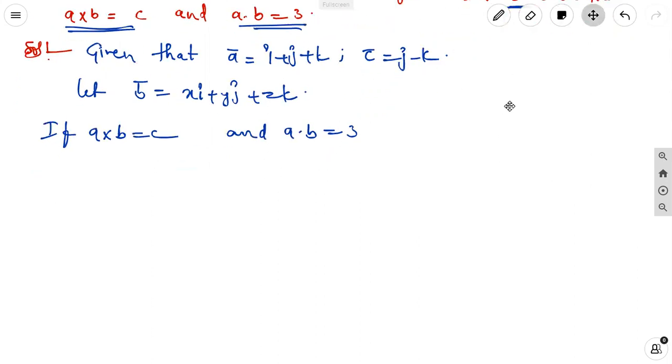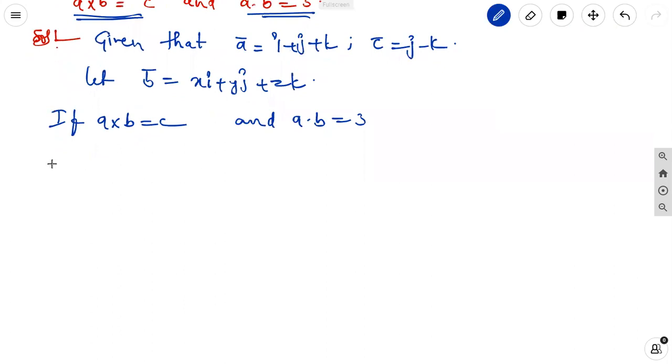Here, A cross B equals C means we take the determinant for the cross product between the two vectors: i, j, k. A vector is i plus j plus k, meaning the coefficients of i, j, k are 1, 1, 1.